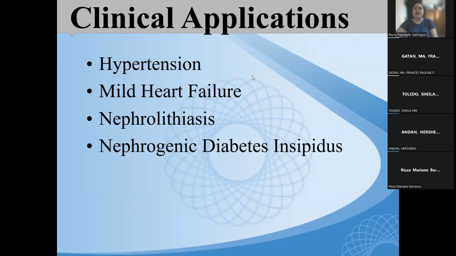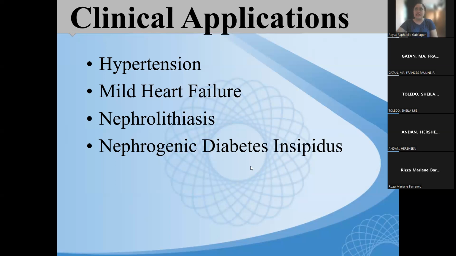Okay? Now, remember class that diabetes insipidus involves frequent urination. However, the irony here is that we give them also the thiazide diuretics. Remember, the thiazide diuretics increase urine volume. And here comes diabetes insipidus, where the patient experiences frequent urination. This is the irony here.